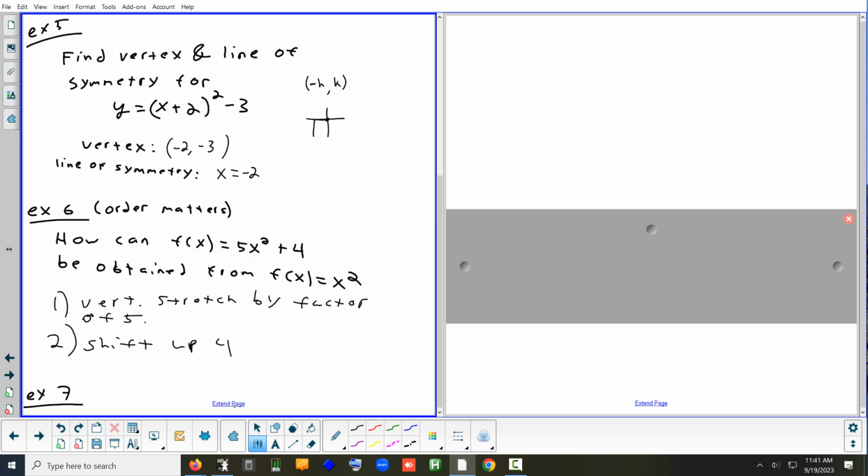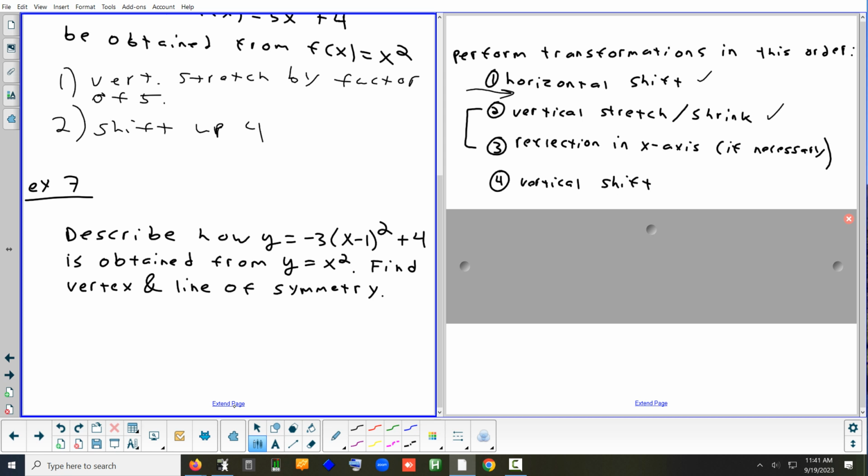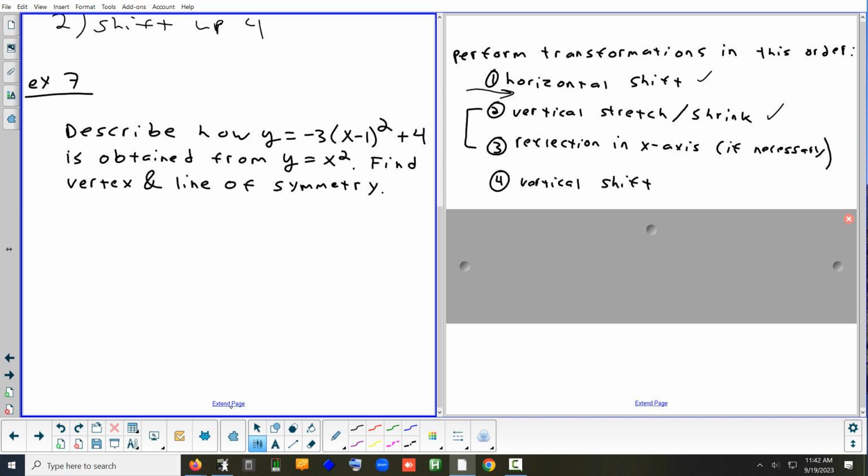Let's try this one. So the first part's the same, describe the transformations. And then the last part is to then find the vertex and line of symmetry. We just did that on an earlier problem. Okay, first thing, how many transformations to change y equals x squared into the new one? There's going to be 4.